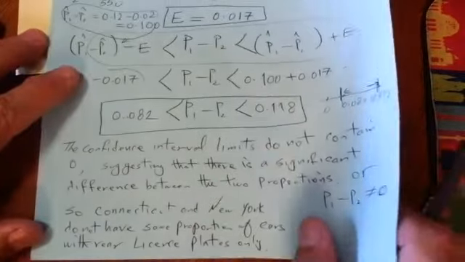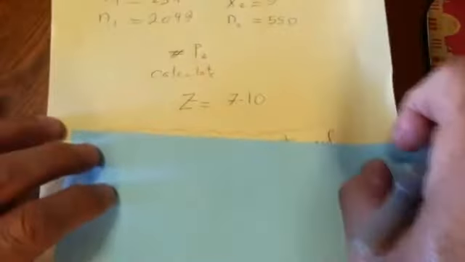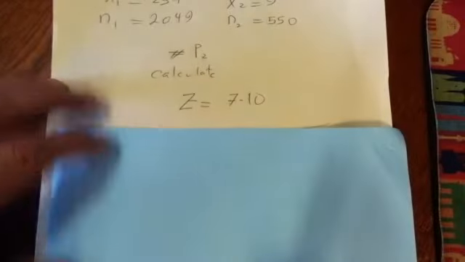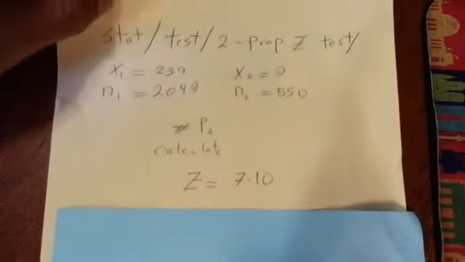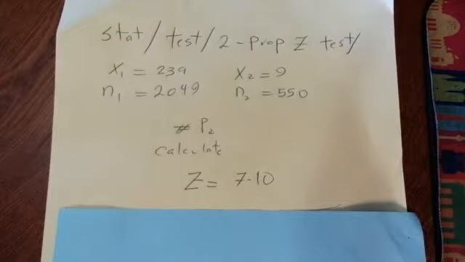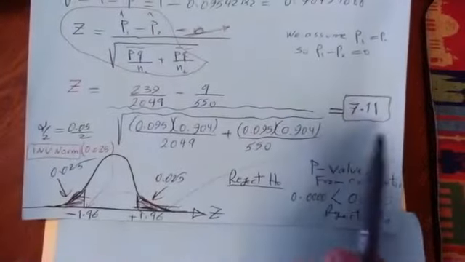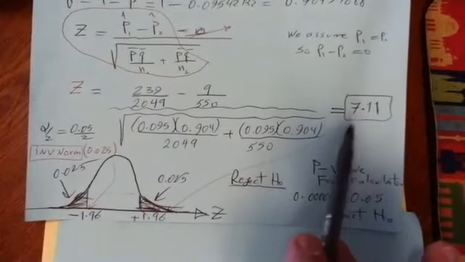So now I want to show you how to use the calculator to come up with these numbers here. On the first one, we want to calculate what we have here. You see how we came up with this z equals 7.11? We want to verify that.